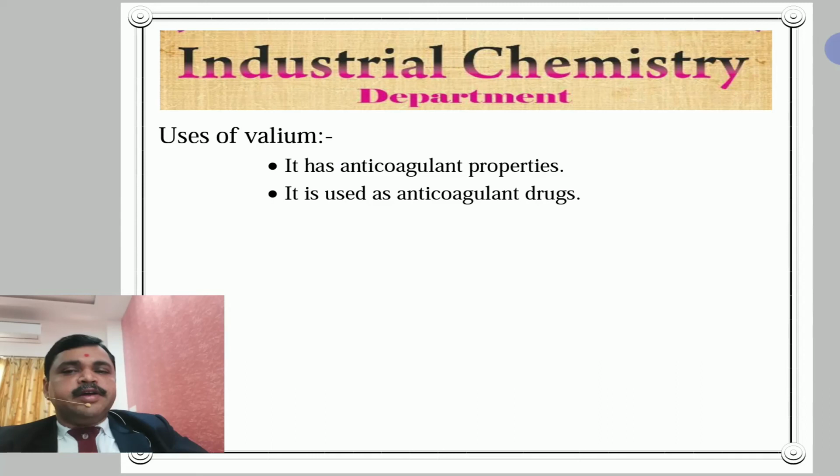According to our syllabus, unit number 3 contains one more class of drugs, anti-cancer drugs. And in unit number 4, the last class of drugs is anti-neoplastic drugs. Anti-cancer and anti-neoplastic both are the same. So, anti-cancer and anti-neoplastic drugs we discuss in unit number 4.